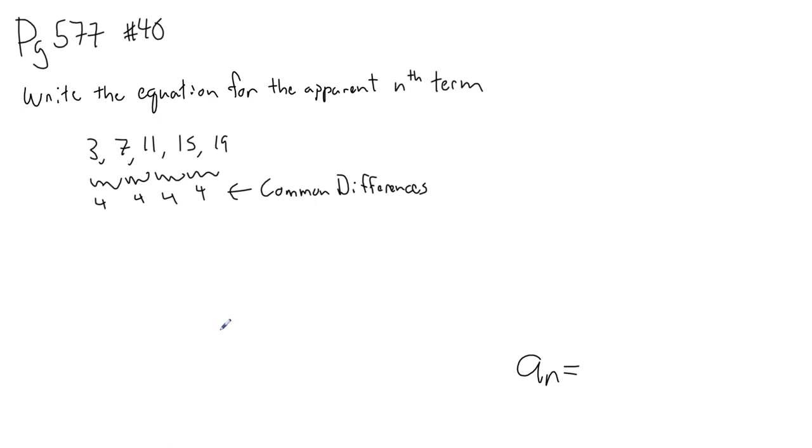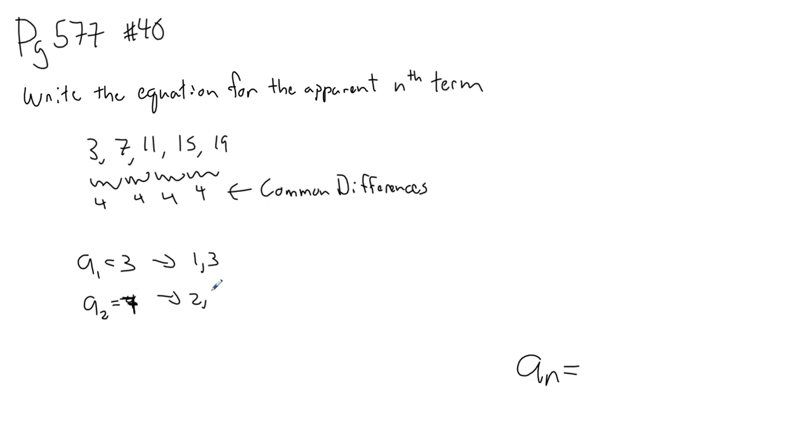But this is just a little bit of hunt and peck. And so we're trying to figure out how we could do that. Well, if my first term, a sub 1, is equal to 3, and a sub 2 is equal to 7, and we have common differences, we can actually write this like a linear equation. And so I'm going to find a y equals mx plus b for the point 1, 3, and the point 2, 7.